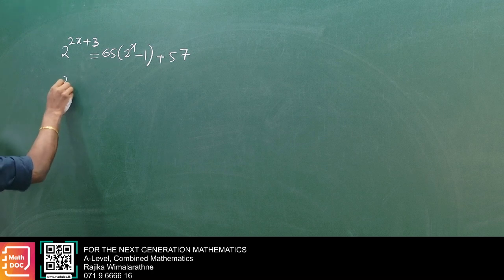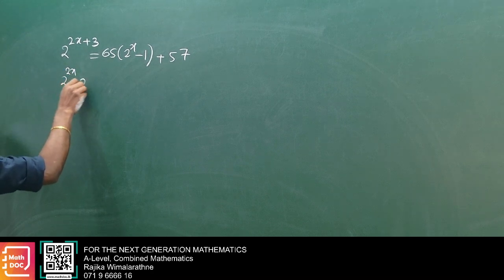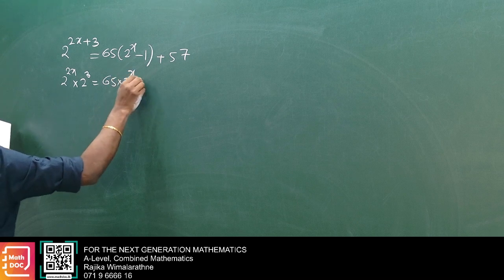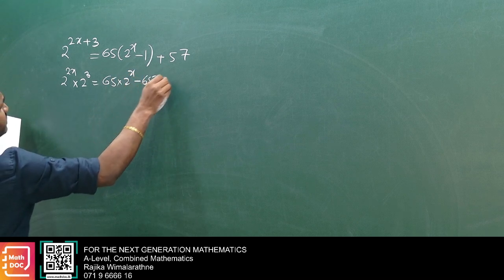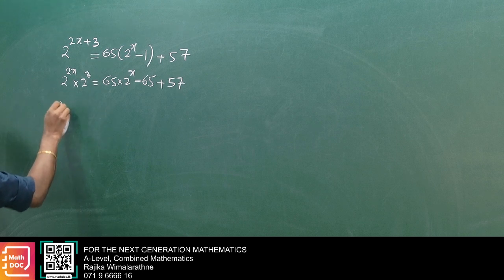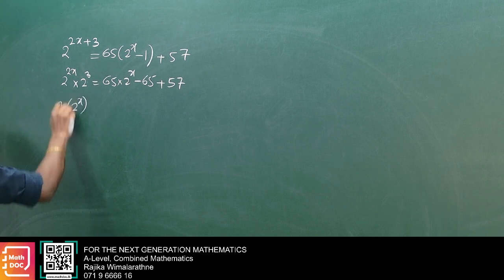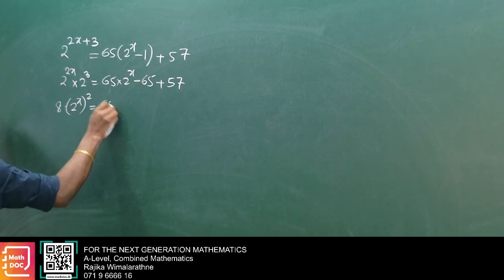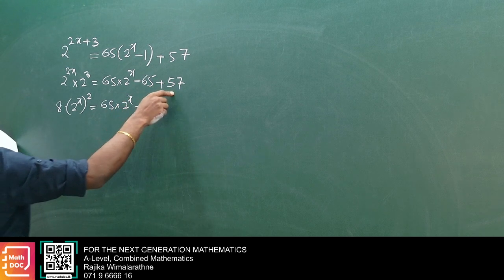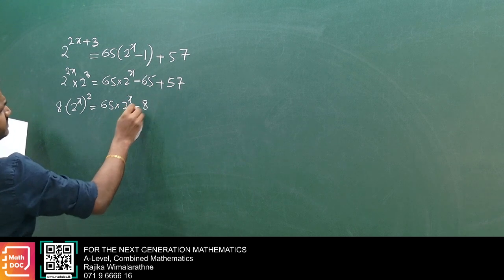Then write here 2 to the power 2x times 2 cubed, minus 65 times 2 to the power x, plus 57 minus 65. Then here 8 times (2 to the power x) squared, minus 65 times 2 to the power x, 57 minus 65 is minus 8.